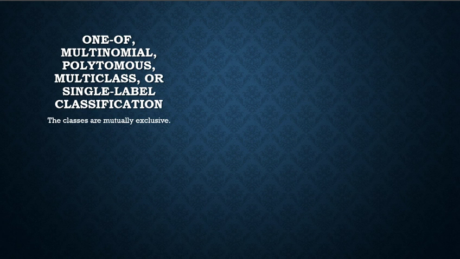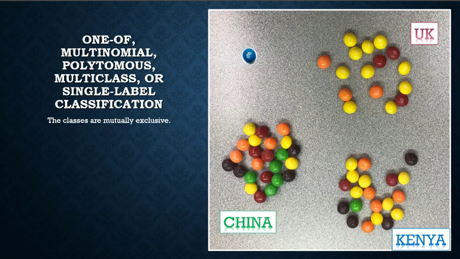It is also called multinomial, multiclass, or single-label classification. In the same example here, the blue guy can only belong to one of these 3 groups, which means that if it belongs to Kenya, it cannot be a member of the UK or China.